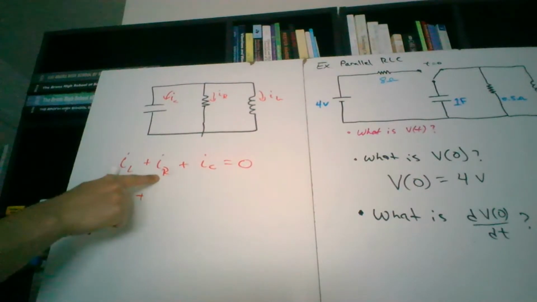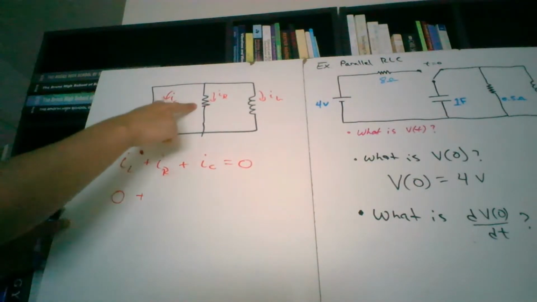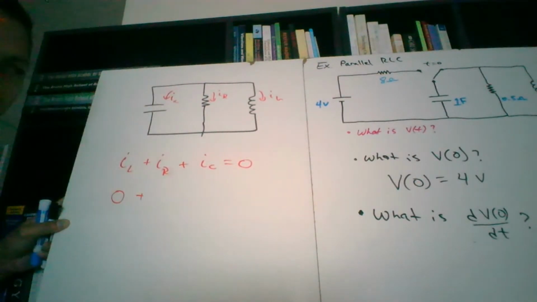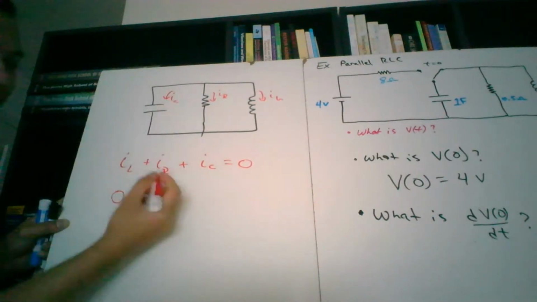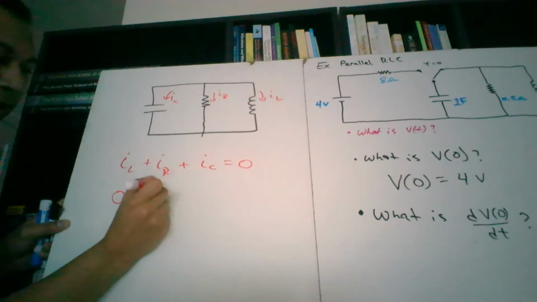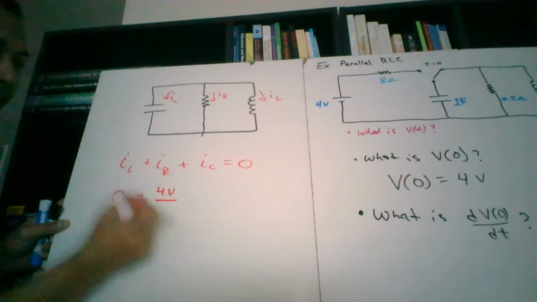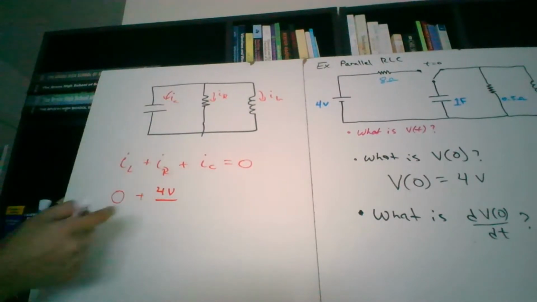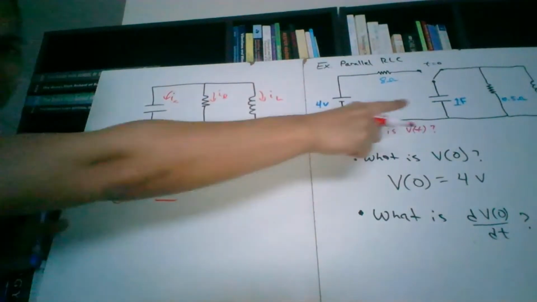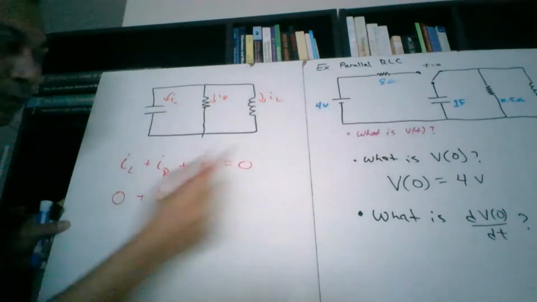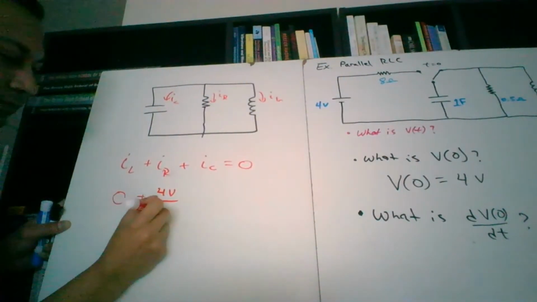plus. Now the voltage to the resistor, well, we just use V equals IR. In this case, it's going to be all the voltage. So it'll be 4 volts divided by the resistance R. In this case, R is 0.5 ohms.